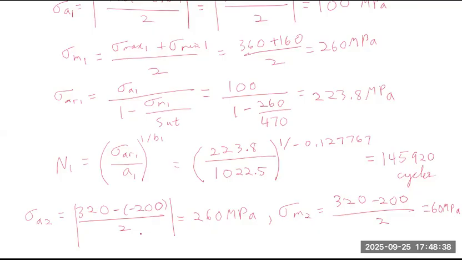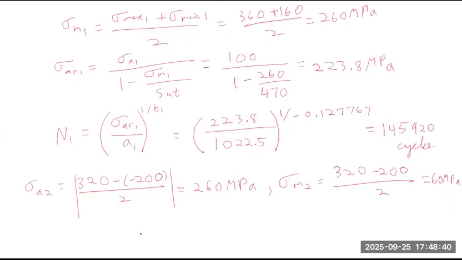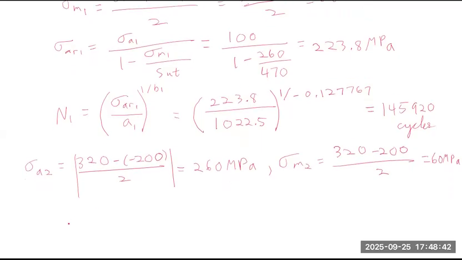And now we can calculate sigma AR, the completely reversed stress, for the second loading, and that is equal to sigma A2 over 1 minus sigma M2 over the ultimate tensile stress.